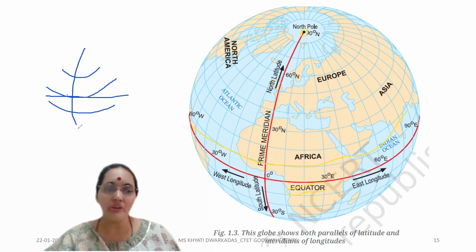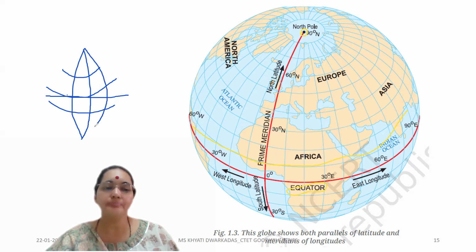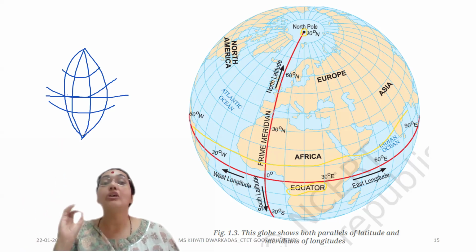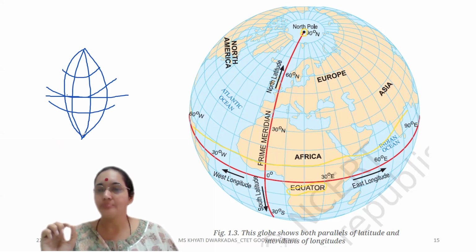And longitudes are standing lines. They run like this. You can see them on the globe over there. They are long lines, so they are called longitudes. They meet at the poles.